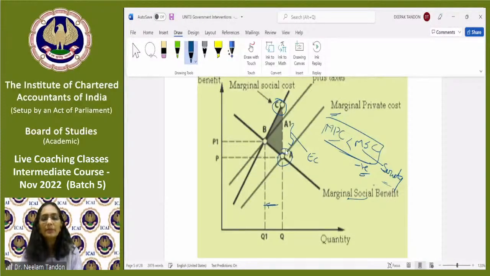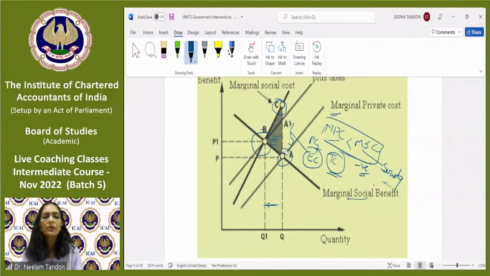This social welfare loss vanishes and the price goes up from P to P1. The reason is that with the tax imposed, this external cost and the private cost together is the total cost for the firm. Since the total cost goes up, price goes up. Price goes up means output goes down.